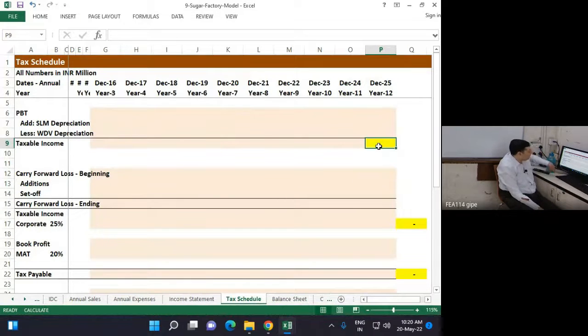First entry you tell me is what is taxable income for year 12. 12th year का taxable income कितना है ये आप for year 12.